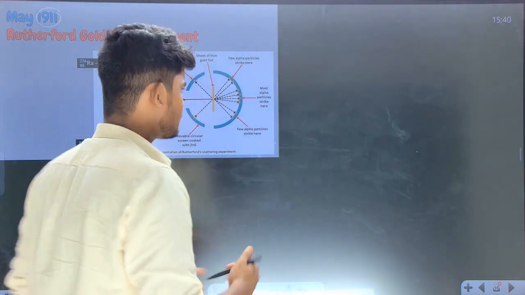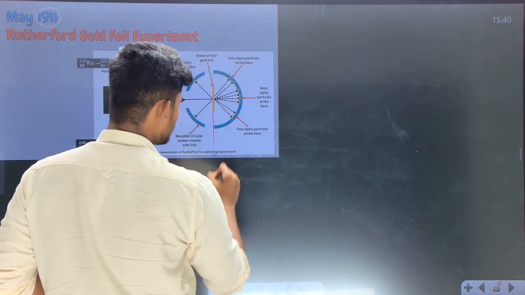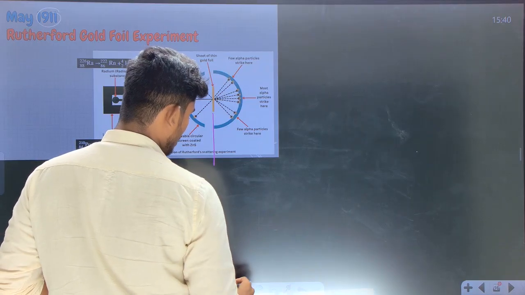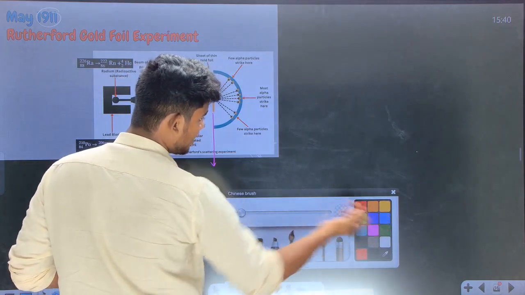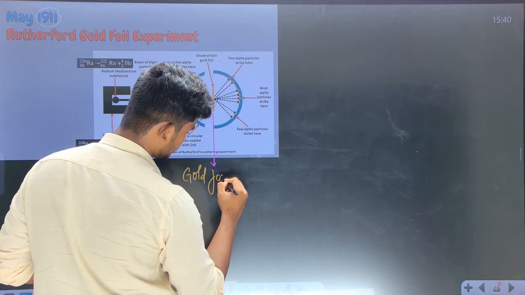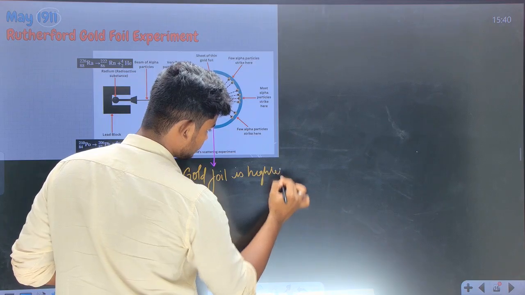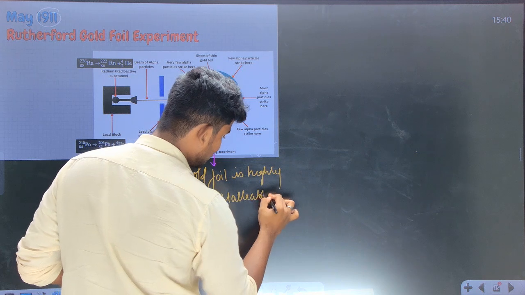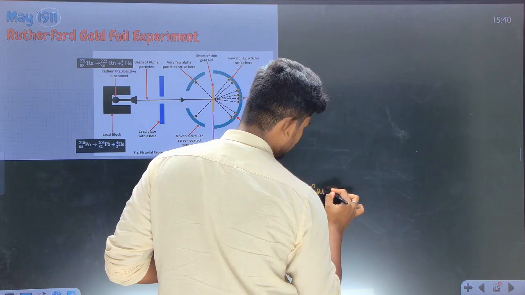In this experiment, he deliberately chose gold foil, and the primary reason is that gold foil is highly malleable. When I say it is highly malleable, it means it can be easily drawn into sheets.